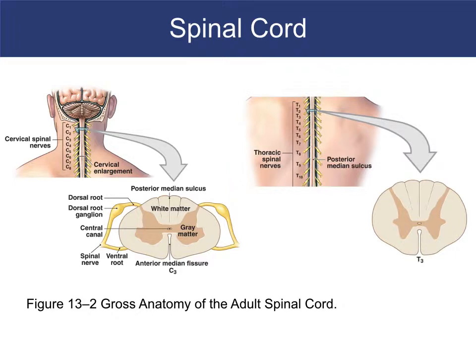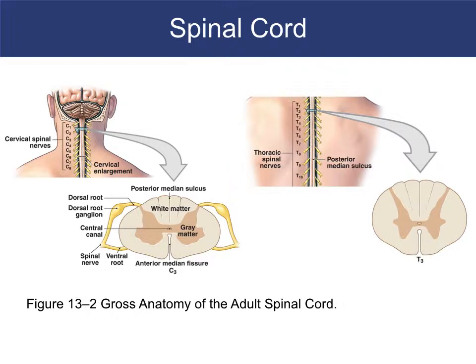The way you can tell the dorsal root from the ventral root is because the dorsal root has this big lump on it, and that's called the dorsal root ganglion. And indeed, that is where all the sensory nerves have their cell bodies. From there on down, it's just a big axon going all the way down to your foot if necessary. So those nerves come up, and that's where their cell body is.